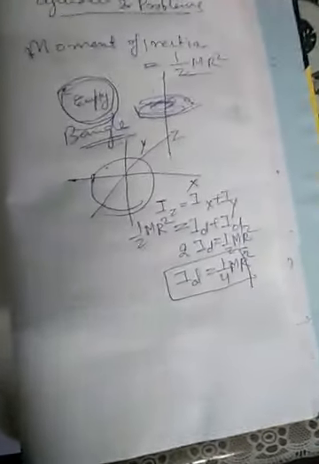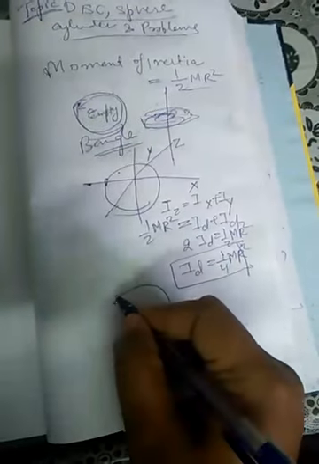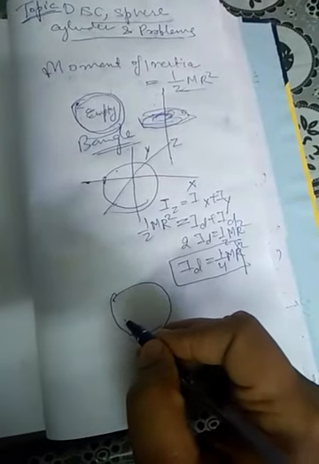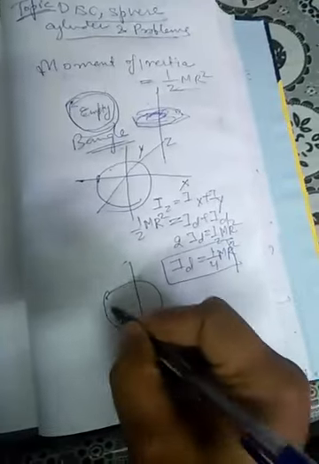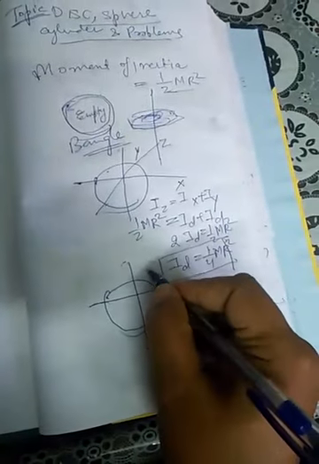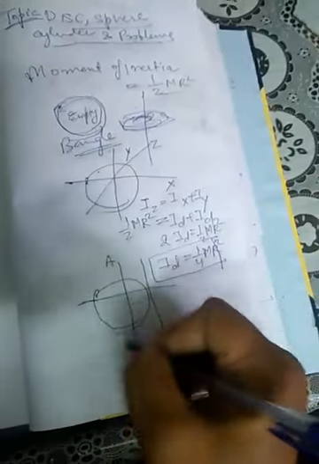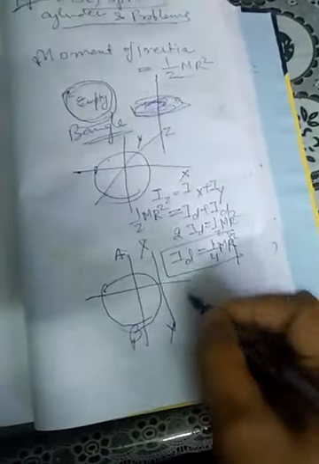Now we can find the moment of inertia perpendicular to its plane, at a tangent perpendicular to its plane. Let us say this is your diameter AB, about any of the diameters, and this is your x-axis and y-axis.